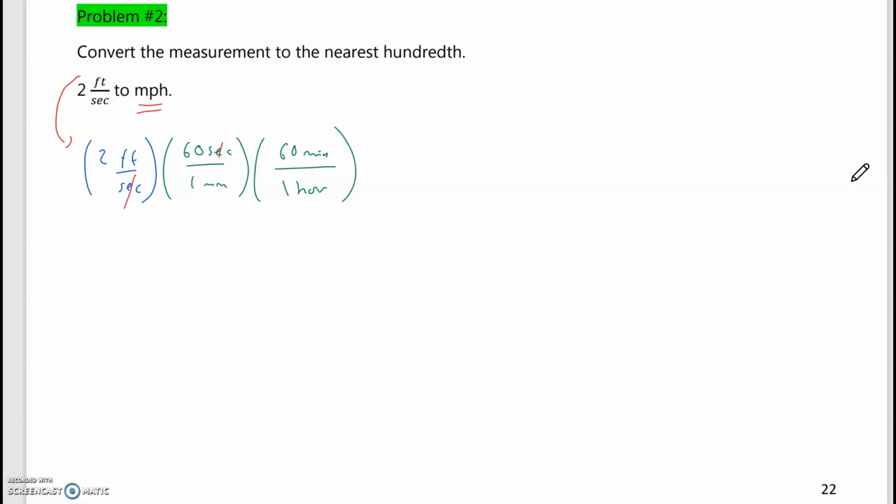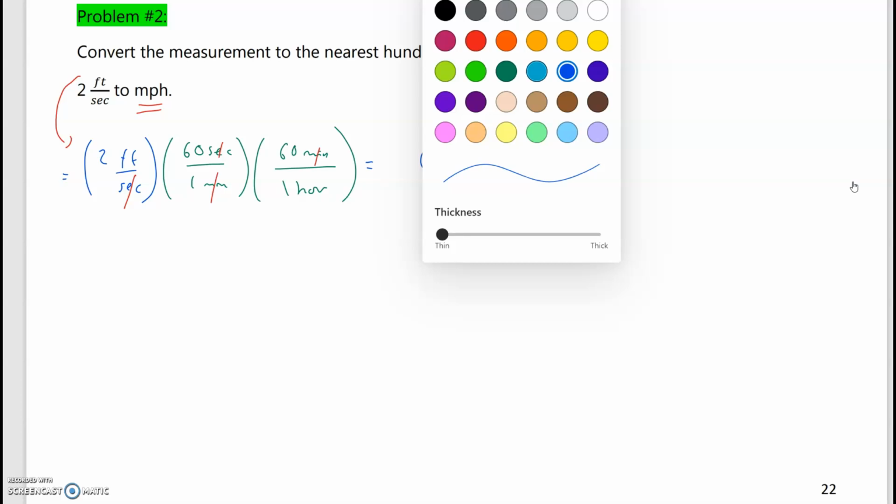So seconds cancel, minutes cancel, and we're left with 2 times 60 times 60, and then we just have feet per 1 hour. Or let me just write it as per hour. Let me double check, 2 times 60 times 60.